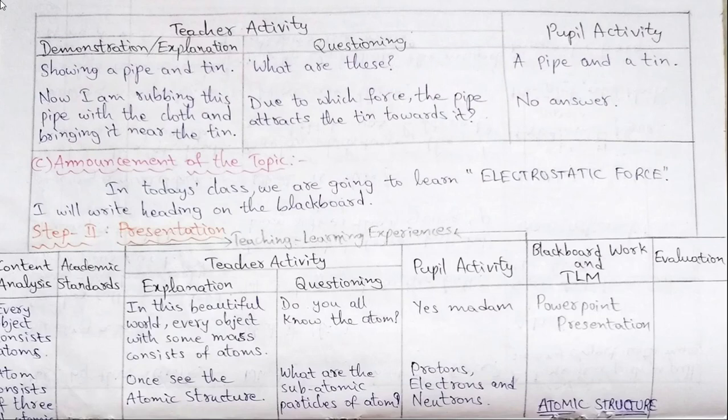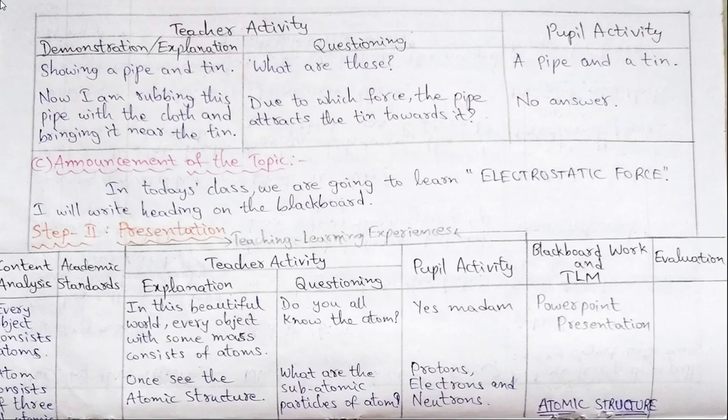Coming to step 2, presentation, it contains 6 columns, friends. Totally 6 columns. The first column, the content analysis column, is filled up with important points in the content. The second column is the academic standard column, where the related task is written. And the third column is teaching learning experiences, which continues with the teacher activity and pupil activity. Again, teacher activity contains explanation and questioning.